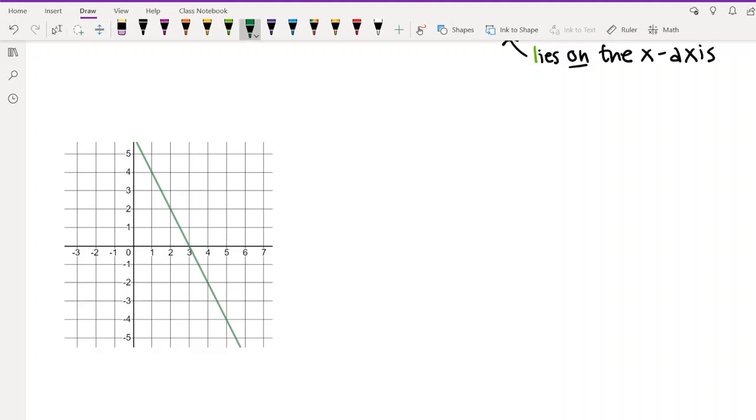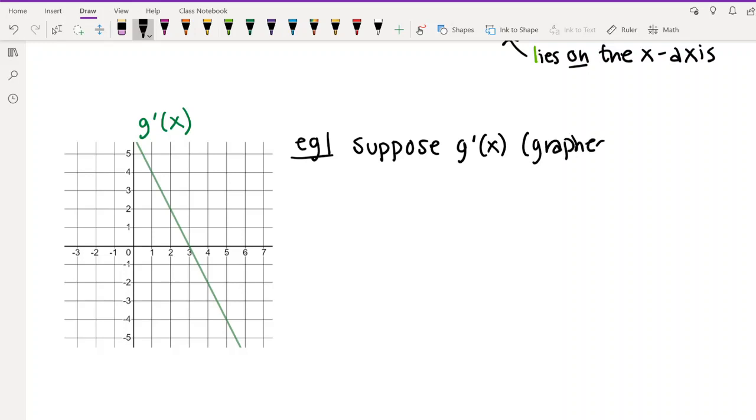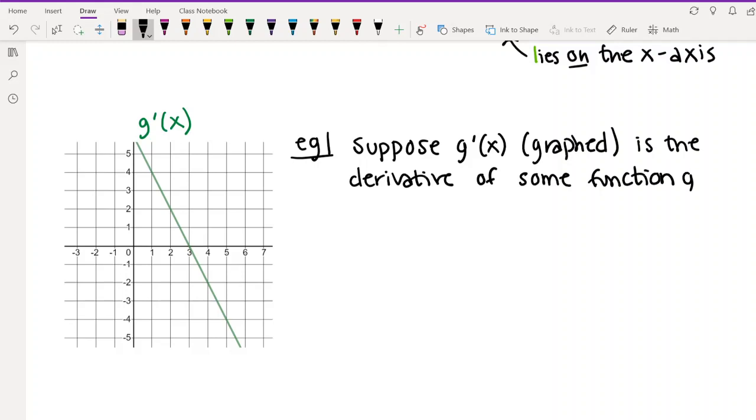So let's say that this graph here is the derivative of some mystery function. And we're not even going to figure out what that mystery function is. We're just going to use this graph of the derivative to see what we can figure out about the original function. So let's say, suppose g prime of x, that is the function graphed, is the derivative of some mystery function g of x.